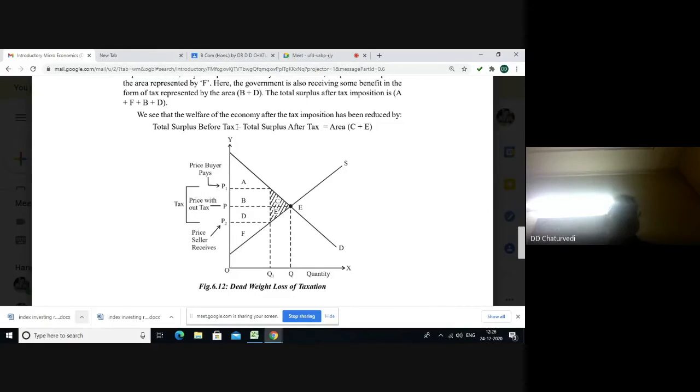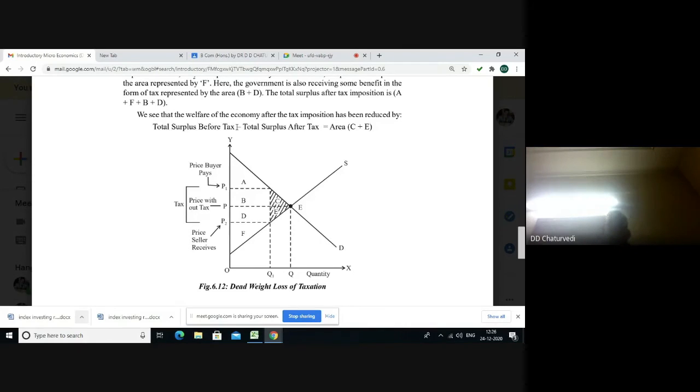So we can say finally, area A shown in figure 6.12 is the consumer surplus. Area F shows the producer surplus. The sum of the areas B and D will show the tax revenue.